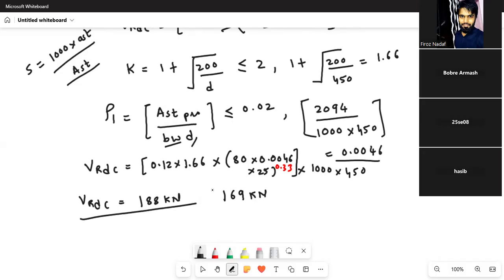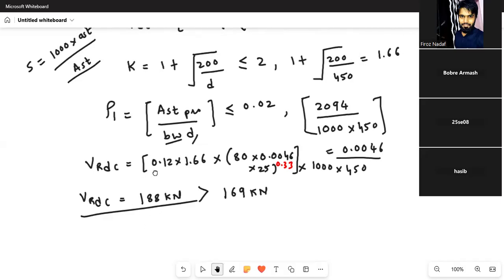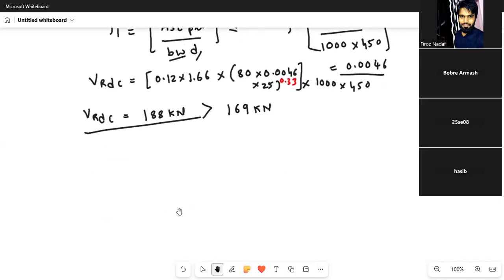So the strength is greater than the design shear, so it is safe. Otherwise, you need to increase the depth of the slab. When you increase the depth of the slab, this value will be greater than this. So this is what we have calculated.